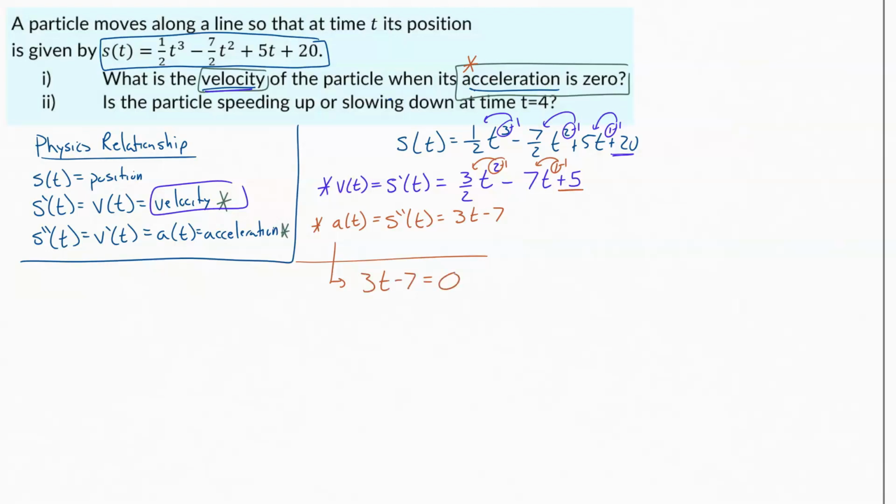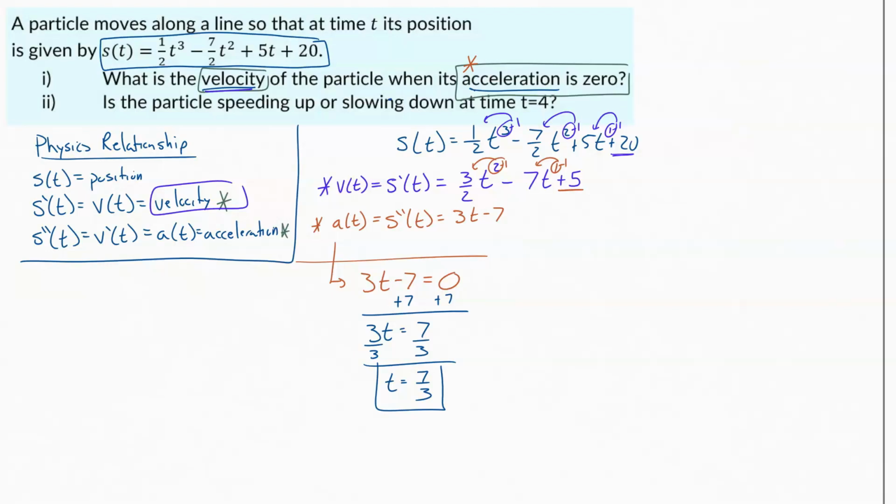So we set that equation equal to 0. And then we just solve this real quick, do some algebra to find out what our specific t value is. So add 7, we get 3t equals 7, and then go ahead and divide by 3, and we get t equals 7 over 3. So that is the time that the acceleration was equal to 0.